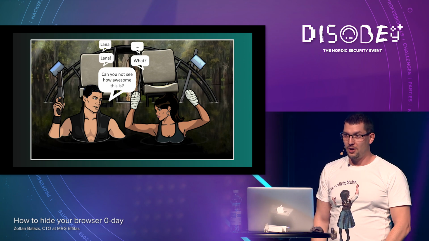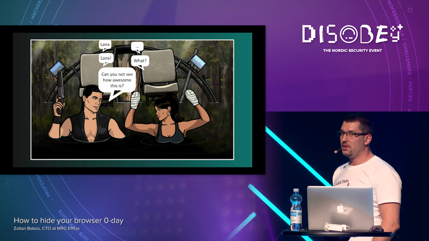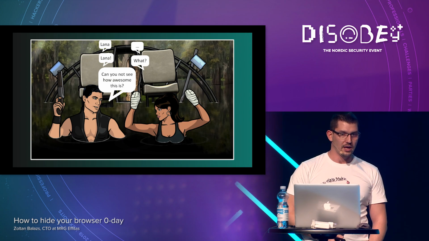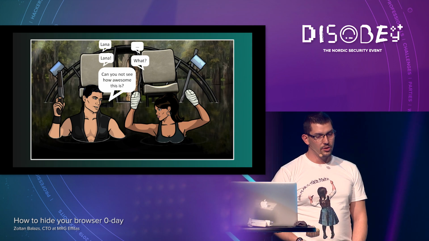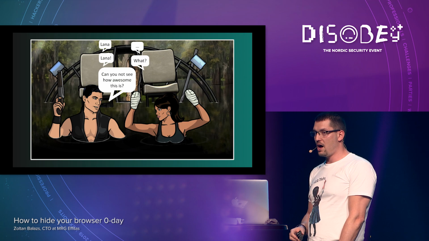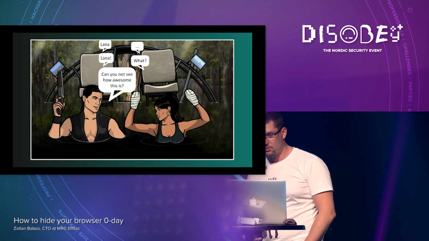So most of you guys, you don't deal with exploit kits and exploit replays a lot, I guess. But if you do, and this is your life, then you can see how either awesome or how terrifying this thing could be.